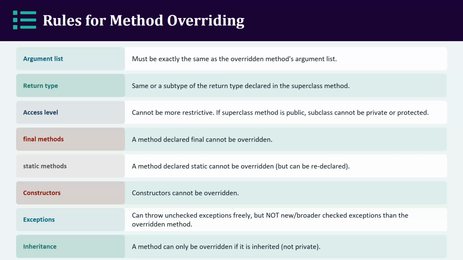Constructors cannot be overridden either. Then exceptions: the overriding method can throw exceptions, but they cannot be broader or new checked exceptions compared to the overridden method. Then we have inheritance, which means a method can only be overridden if it is inherited, meaning it is inheriting a public method from another public class, but not a private one.